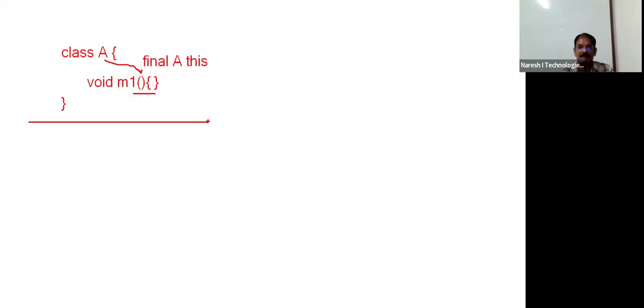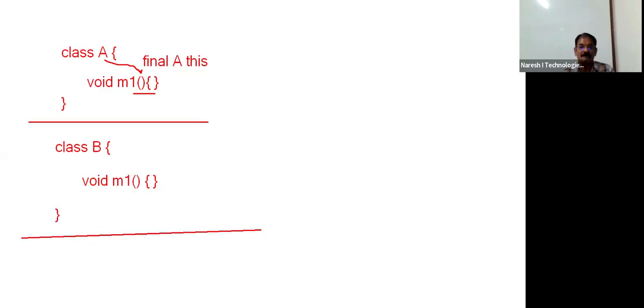If I write the same method in class B, void M1, open bracket, close it. Tell me now, here what is available? Is this there or not? What is this? Final. What is the data type? B, this.